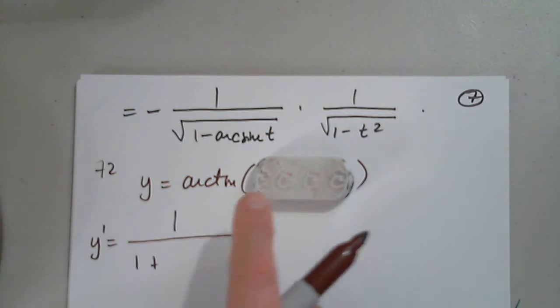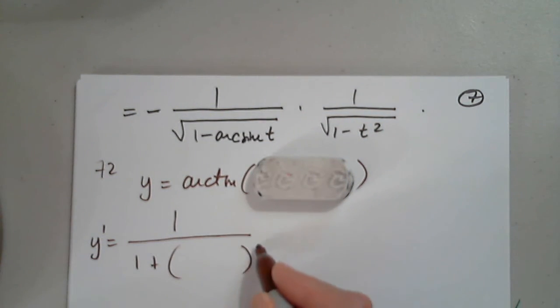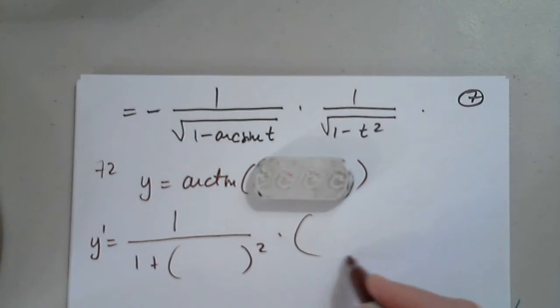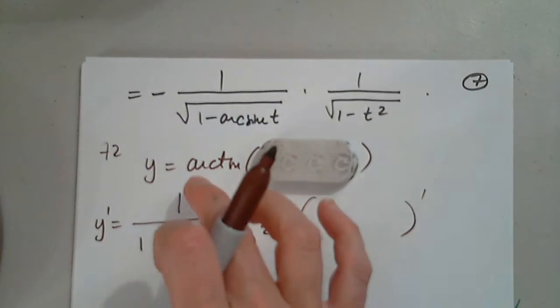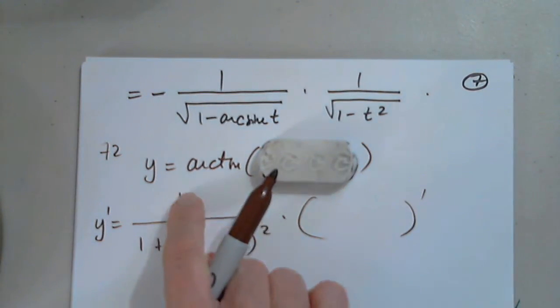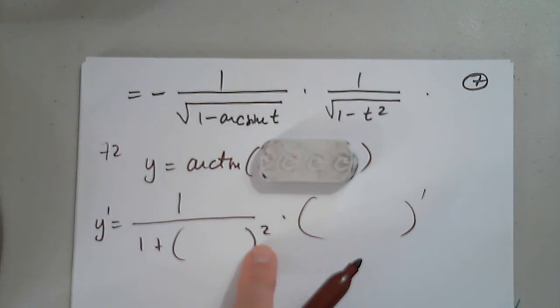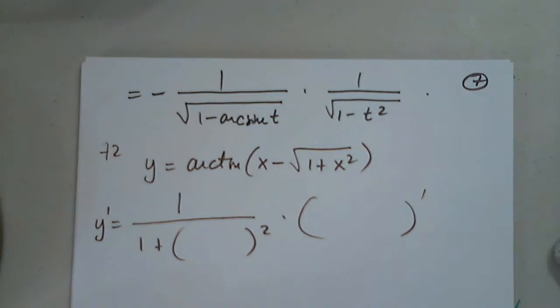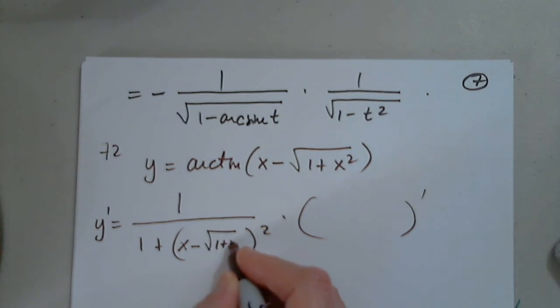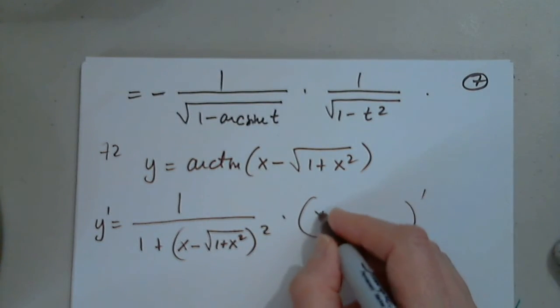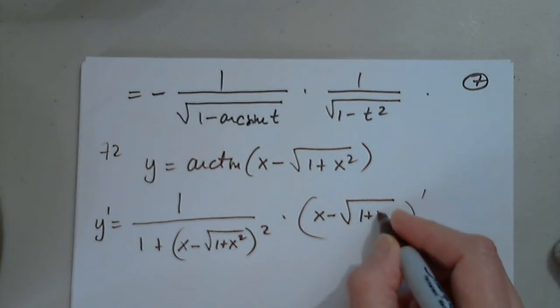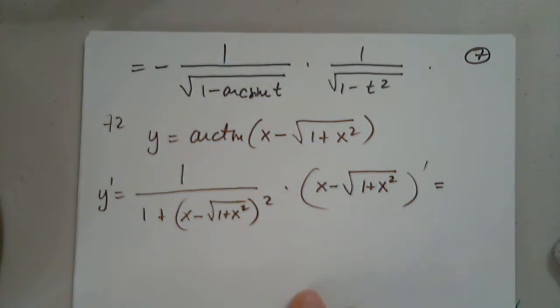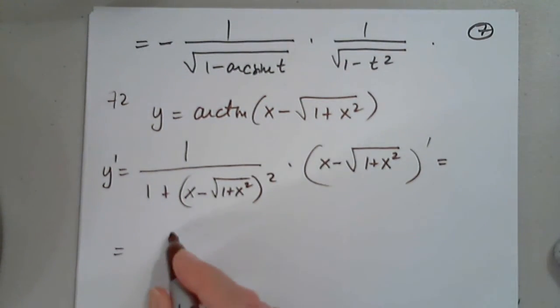So it's 1 over 1 plus whatever squared, times the whatever prime. So the derivative of arctangent of a function is 1 over 1 plus that function squared, times the function prime. Now I'm going to see what's in there. Oh, okay. So x minus the square root of 1 plus x squared, and x minus the square root of 1 plus x squared. I continue. This I copy.